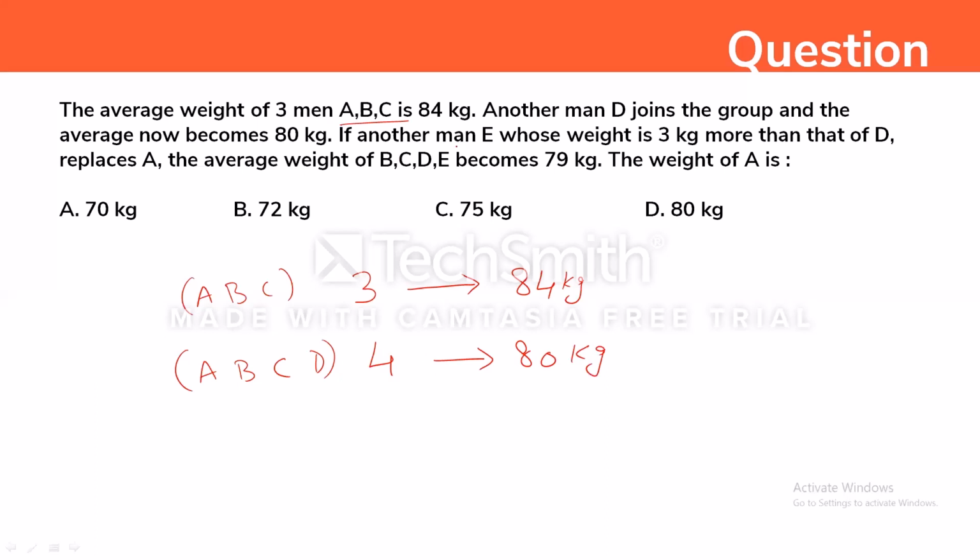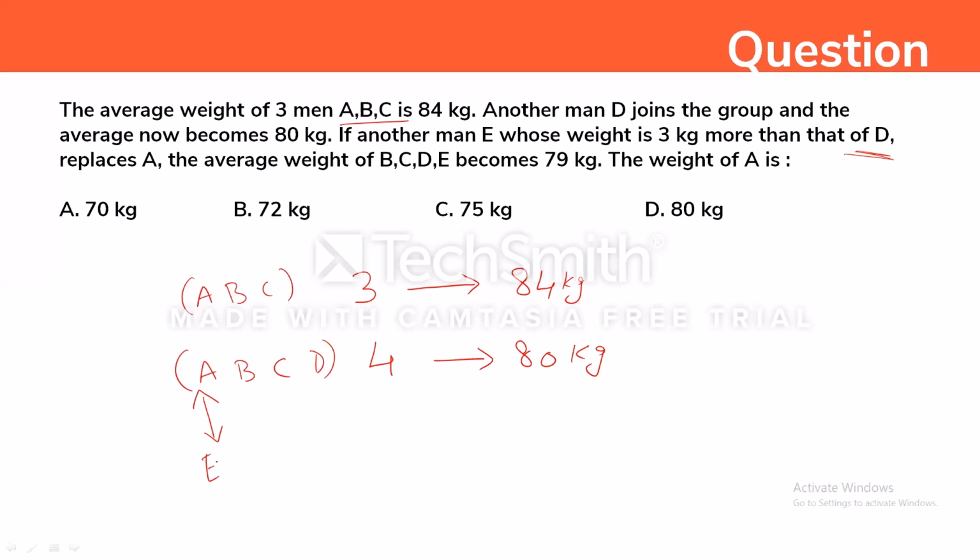Now another condition is given. Another man E, whose weight is 3 kgs more than D, replaces A. Here who is replacing A? E is replacing A. That condition about E's weight we will discuss next.